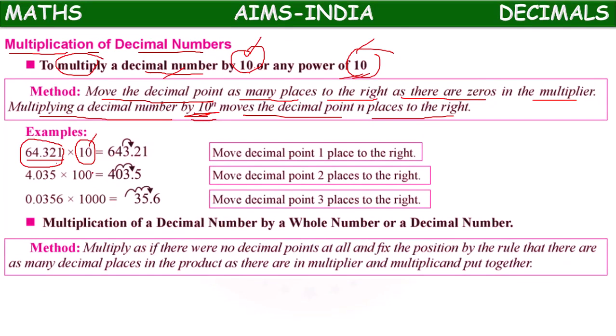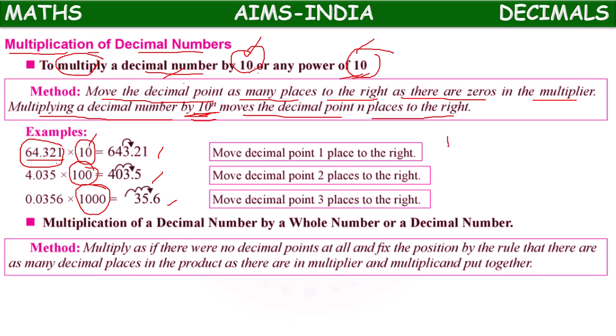Okay, like that. In multiplier, how many zeros we are having? The decimal point will move same places towards right side. This is the rule for multiplying a decimal number with 10 or any power of 10.